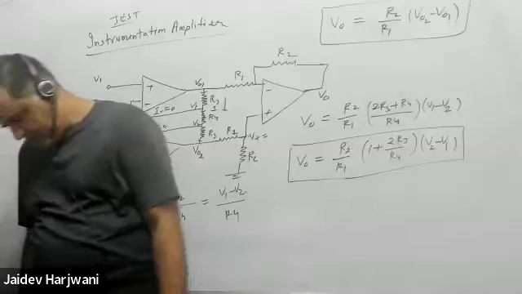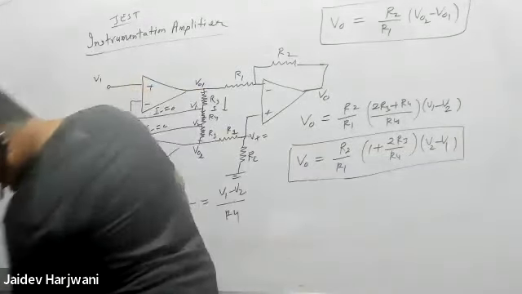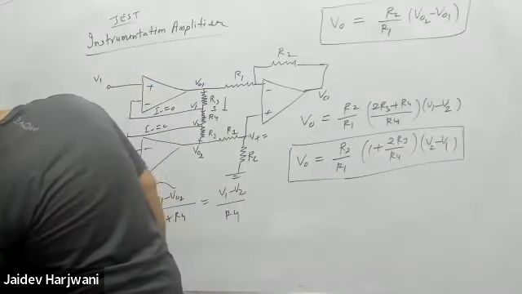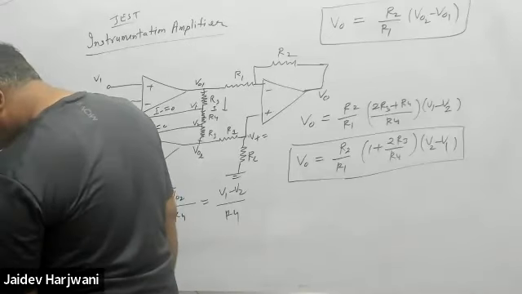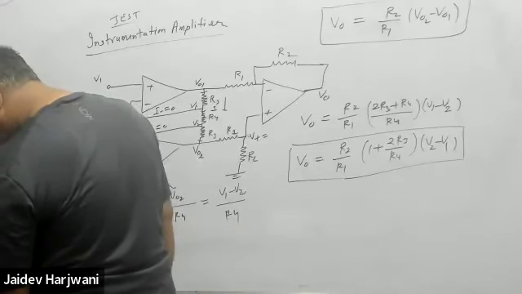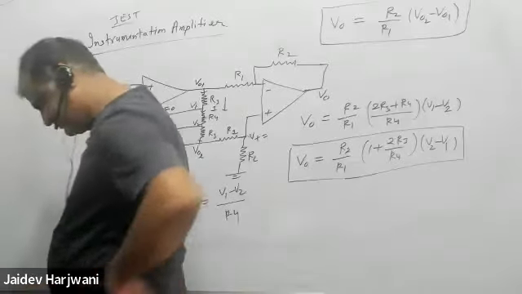Now if you say everything R1, R2, R3, if R1, R2, R3 all are same, then you can put the values and tell what is it coming.